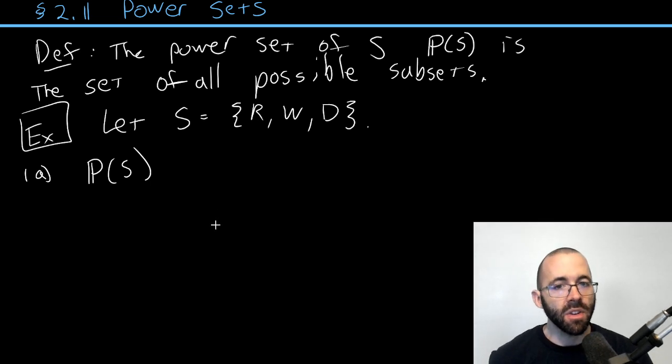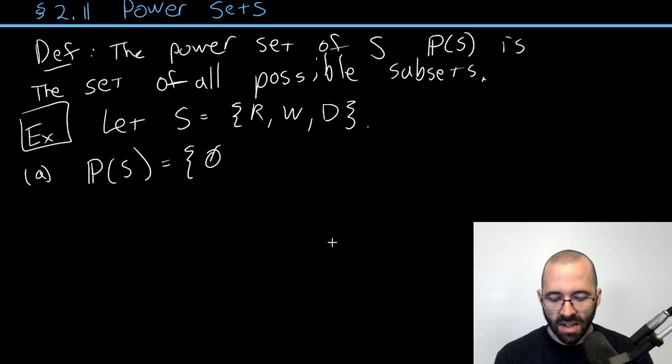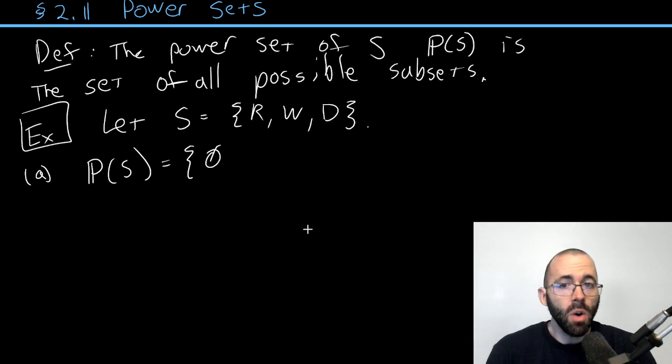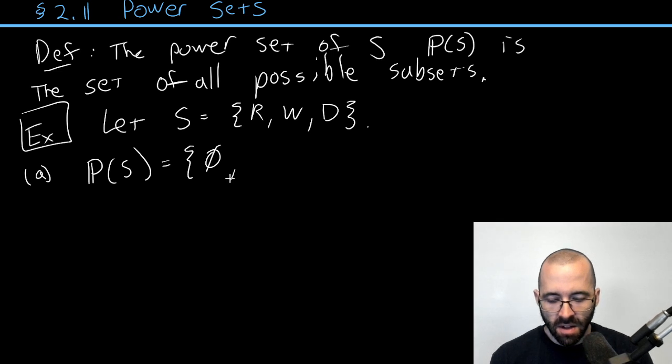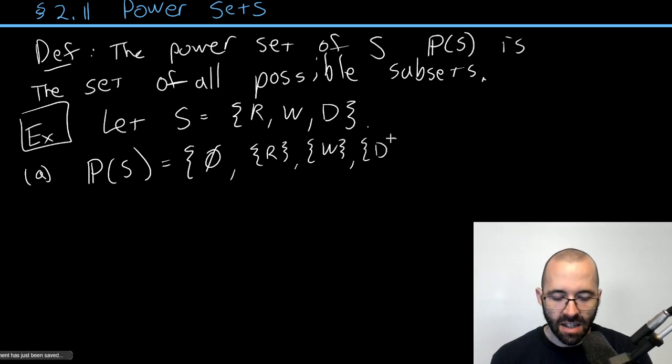So any user will have some combination of read, write, and delete permissions, maybe all, maybe none of them. So it's the set of all possible subsets. The user could have no permissions, could not even have read permissions. Or what's another subset? Well, it could have only reading permissions, only writing permissions, or only deleting permissions.